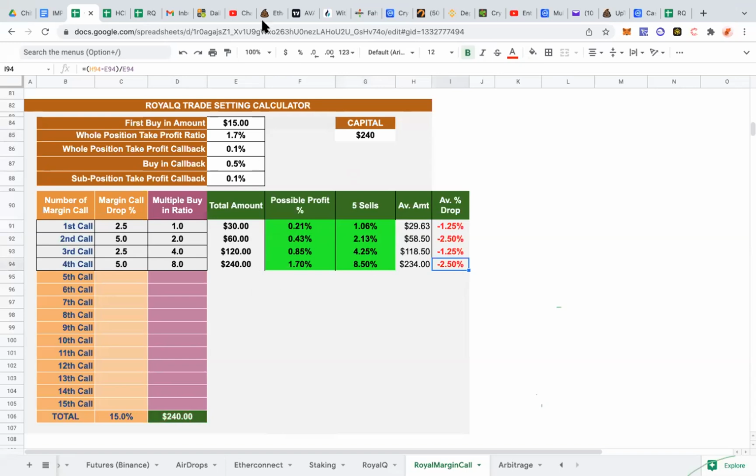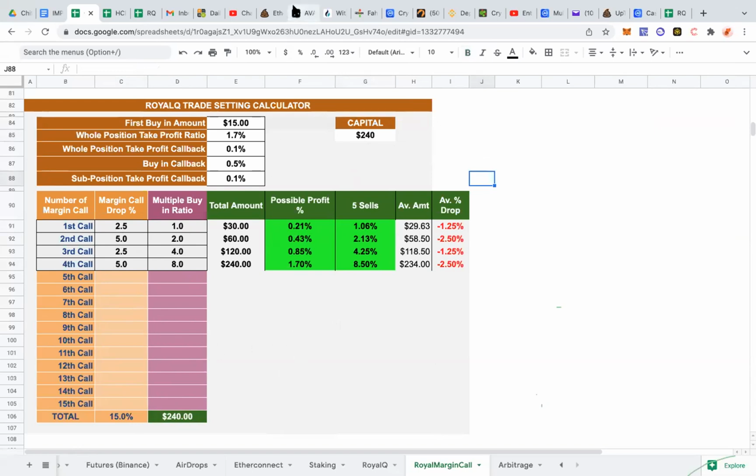Now this is my reasoning. This is a 15% drop. By the time a market drops by 15%, there is no way... In fact, chances are high that there will be 1 or 2 sells.